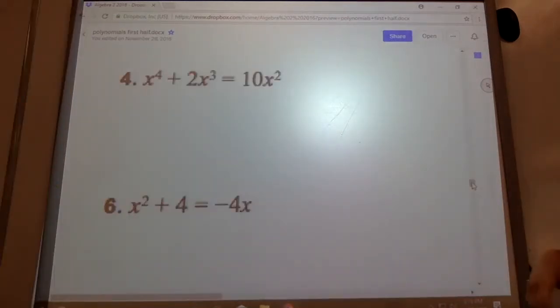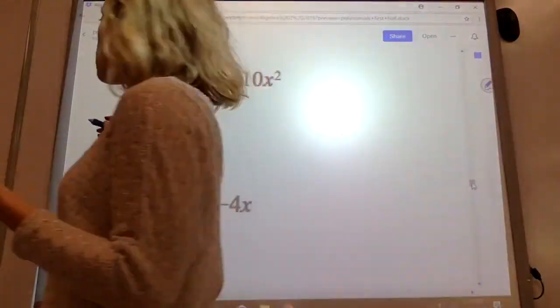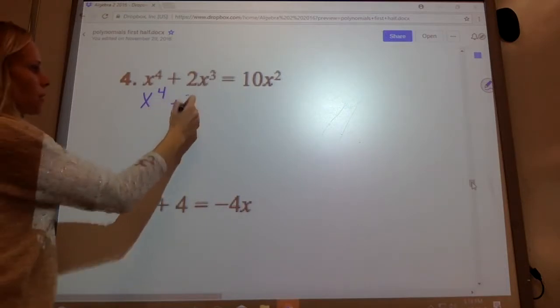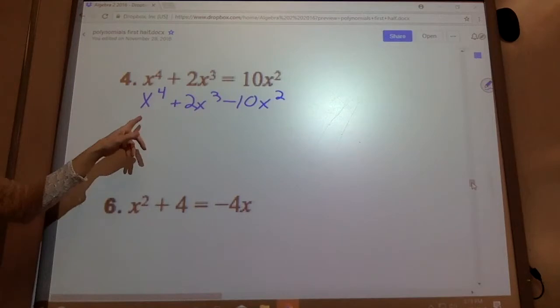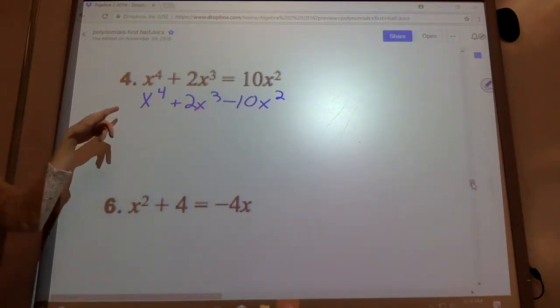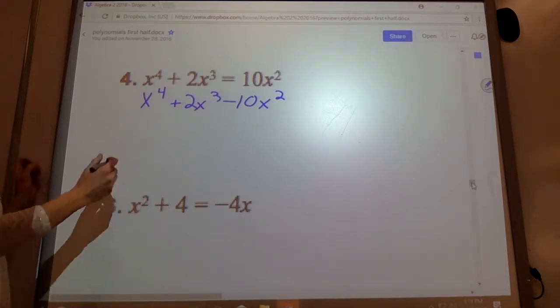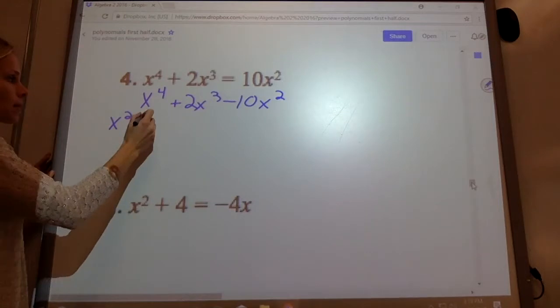Last assignment, we always looked, can I factor something out first? So this kind of looks like a 4th degree, but if you look closer and get everything on one side, you should notice that I can take something out of every single term. What is that? An x squared. I can take 2 x's from every single one. Okay.